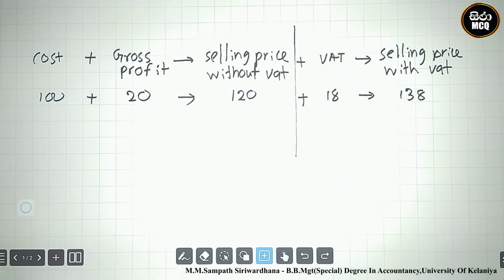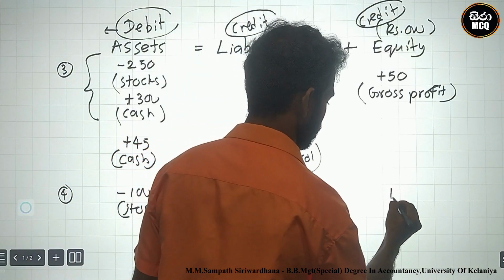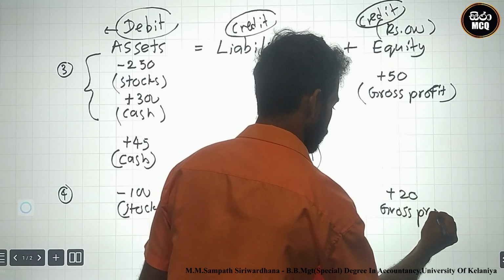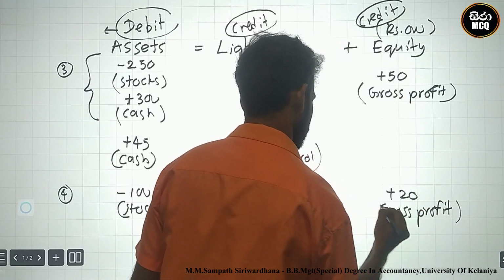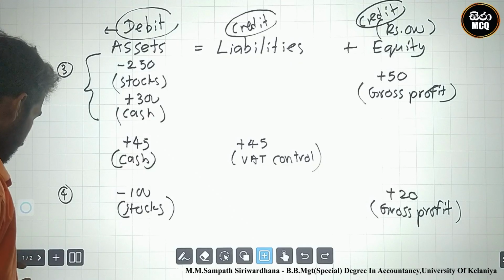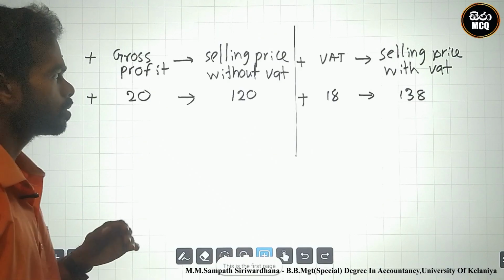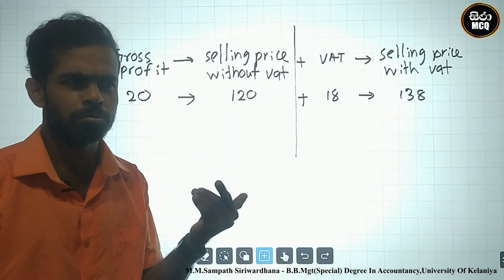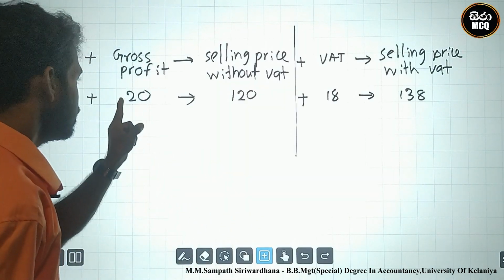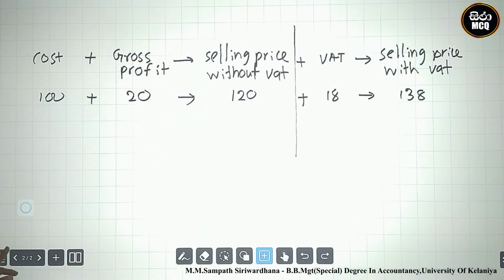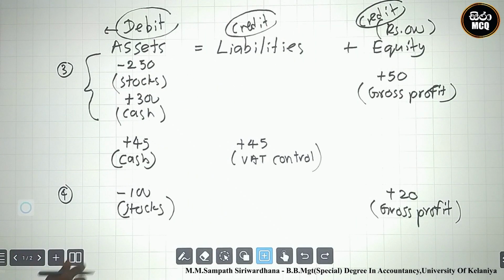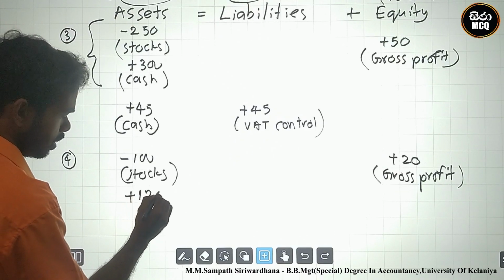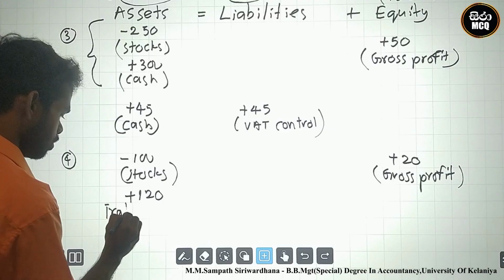Gross profit is 20. 20 must be added to equity. This is the credit sales. At the credit sales, receivable or payable? At the sales point, there must be a receivable. Receivable which amount? 120. 120 is a receivable, an asset. I add 120 trade receivable.